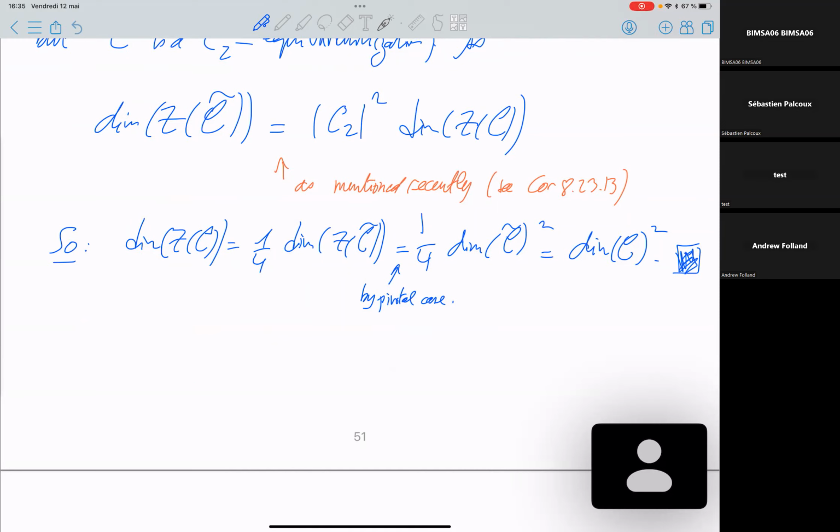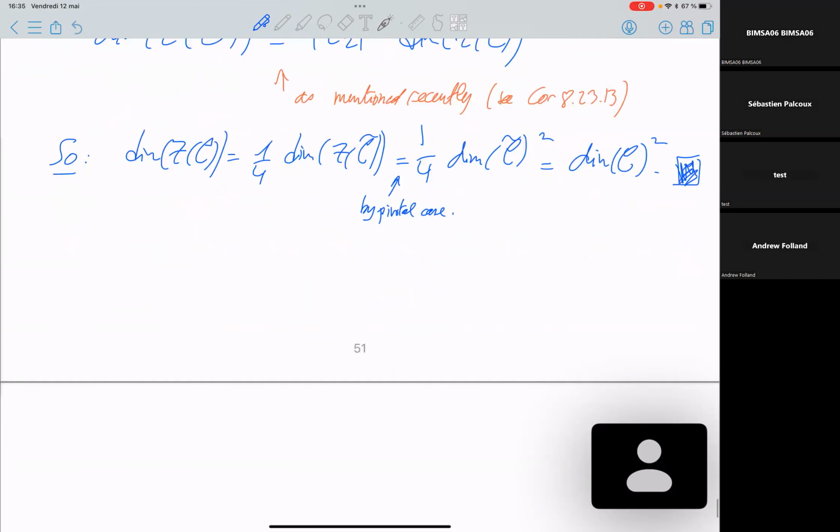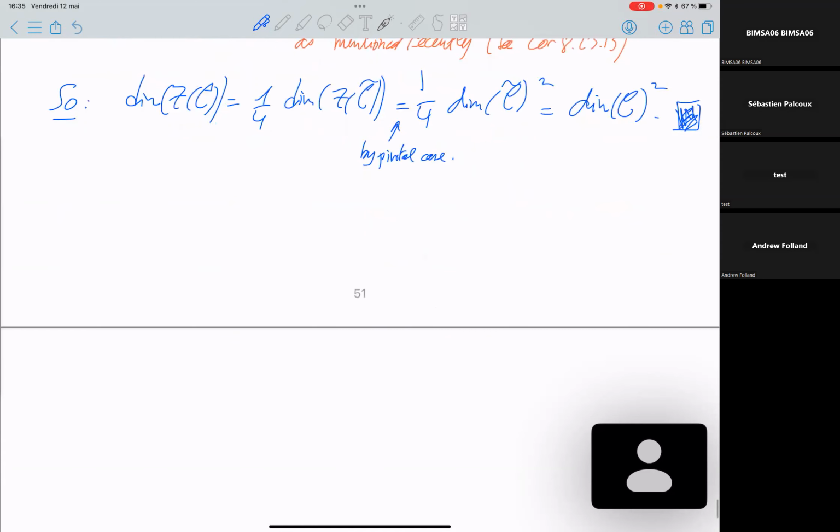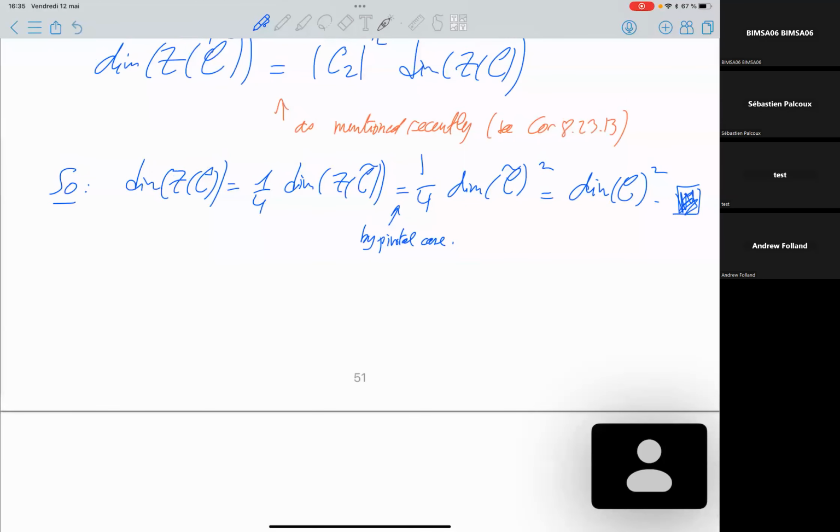Before stating the corollary, let me recall the Kaplansky 6 conjecture for fusion categories. I already mentioned that before.